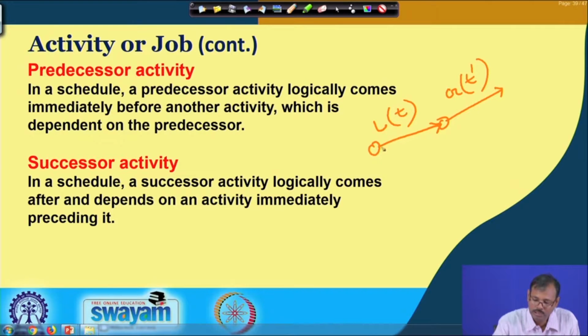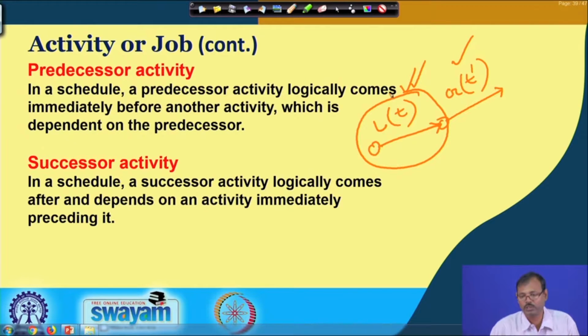Lead manufacturing must be complete before placing the leads into the groove, otherwise grooving inside the wooden piece is not possible. So, this activity is essential before this unit operation, which is why it is called the predecessor activity, the predecessor job.